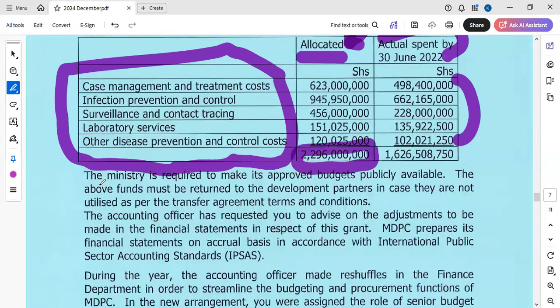They are telling us that the ministry is required to make its approved budgets publicly available. Please take note that the above funds must be returned to the development partners in case they are not utilized as per the transfer agreement terms and conditions.